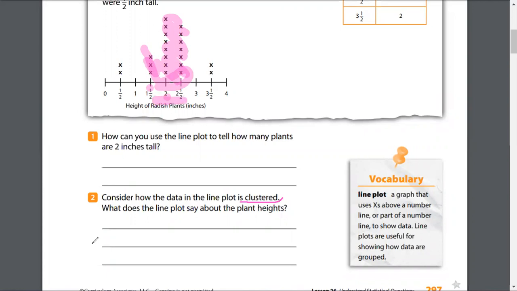The range there is between 1.5 and 2.5 inches. So I would say that the majority of the plants are about 2 inches. Well, actually, the majority of the plants are 2 inches, and they're clustered around the 2. So most likely, if I planted a radish plant, I would think that the plant would be about 2 inches tall, maybe 2.5, maybe 1.5. But anything beyond that is going to be a funny plant. Maybe it overgrew or undergrew. Who knows?